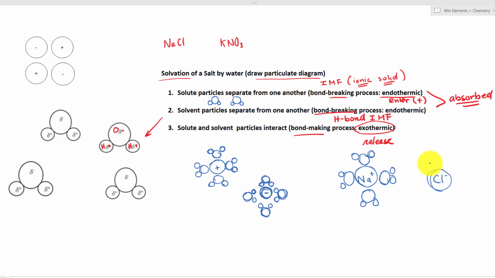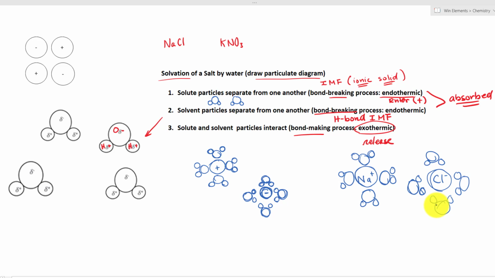And of course, this is going to be the Mickey Mouse head the other way around. You see how that works? So this can be any ion from the ionic compound, and this process will work for any ionic compound that is being dissolved in water.